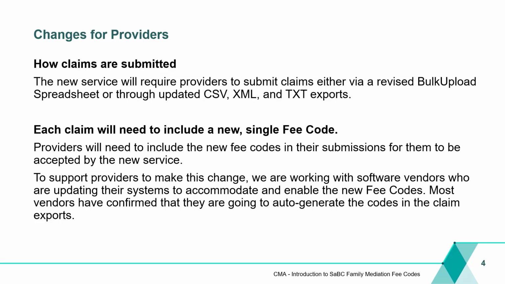To support providers to make this change, we are working with software vendors who are updating their systems to accommodate and enable the new fee codes. Most vendors have confirmed that they are going to auto-generate the codes in the claim exports.